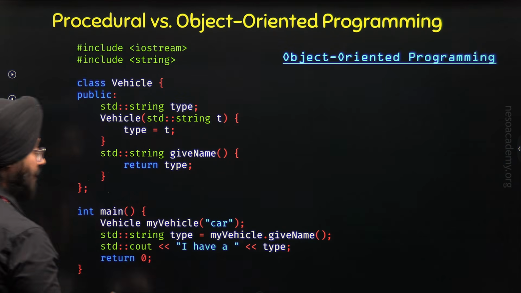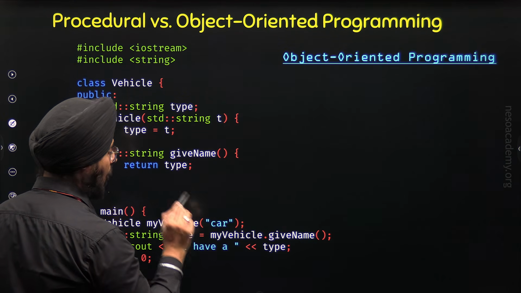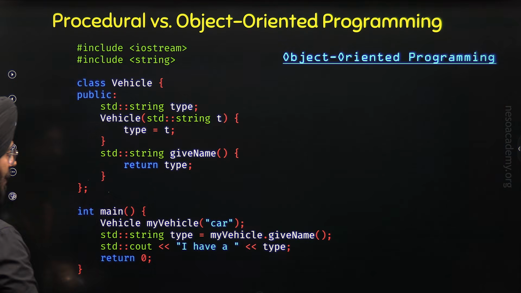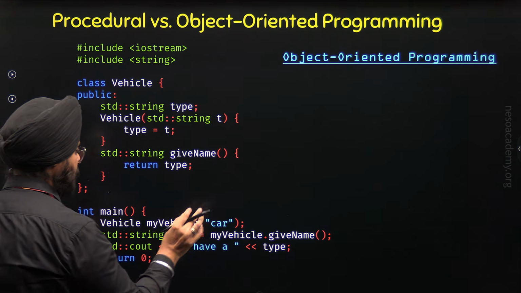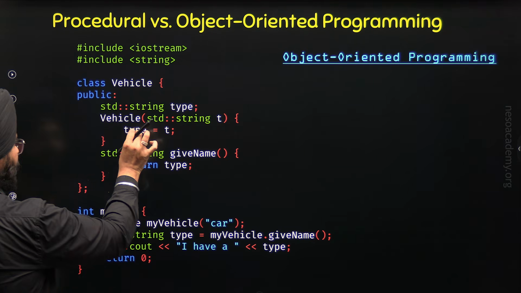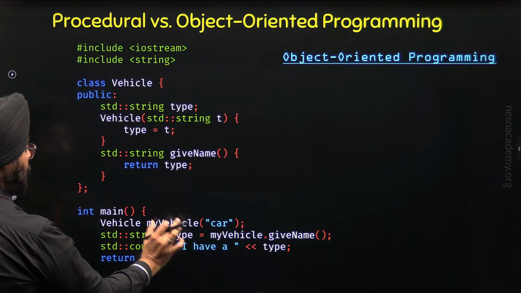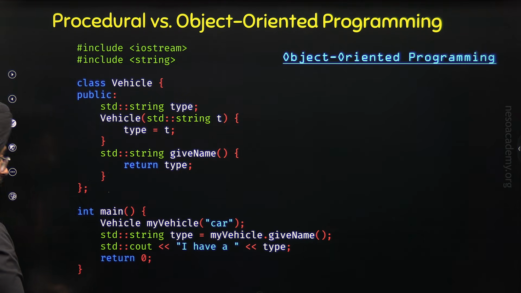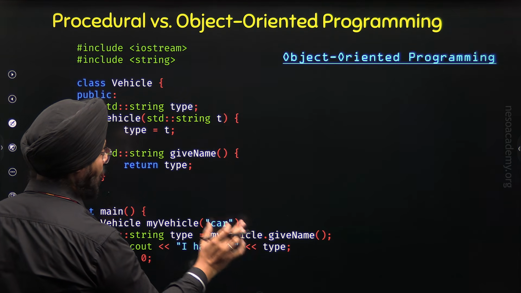Now, here is the call to the giveName function, that too through this object myVehicle. Here we can observe that when the myVehicle object has been created, the type variable has received the string car. Now we can say that this type variable with this specific value is associated with this object. Here we are calling this function giveName with the help of this object.